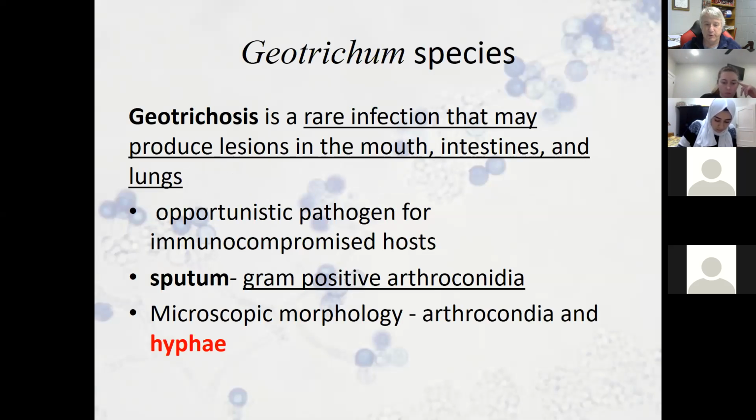So we take that sputum, and most micro labs require you to gram stain all sputums, all wound cultures, and all positive blood cultures, of course. So you'll be getting used to gram staining sputum, and we may find some arthroconidia and hyphae from our gram stain.